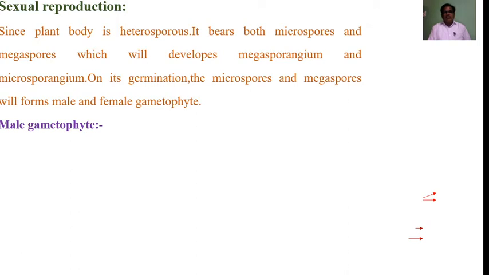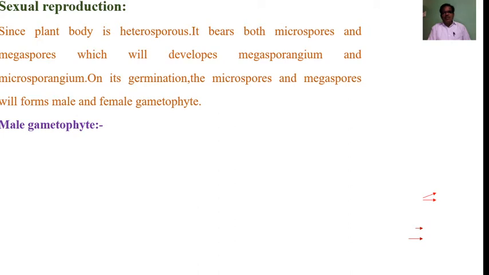Since the plant body is heterosporous, it bears both microspores as well as megaspores. Both are present on two different cones, or strobili, which are present on two different branches and develop the microsporangium and megasporangium.